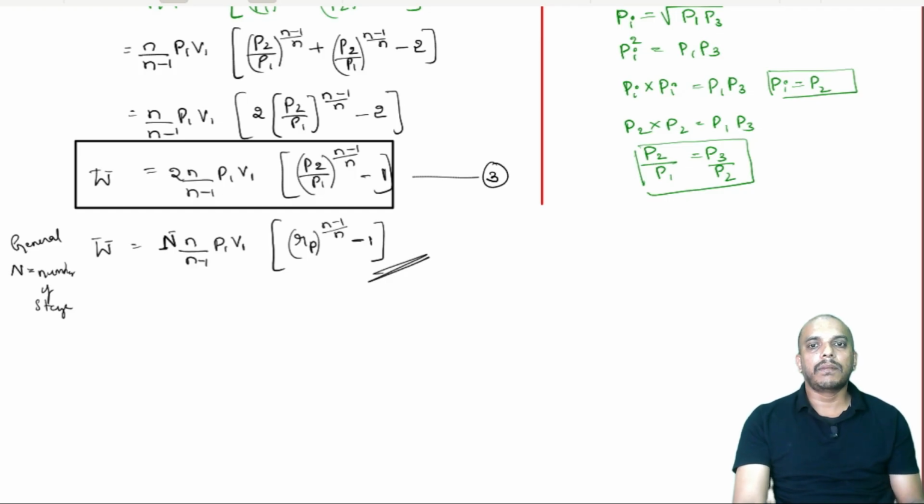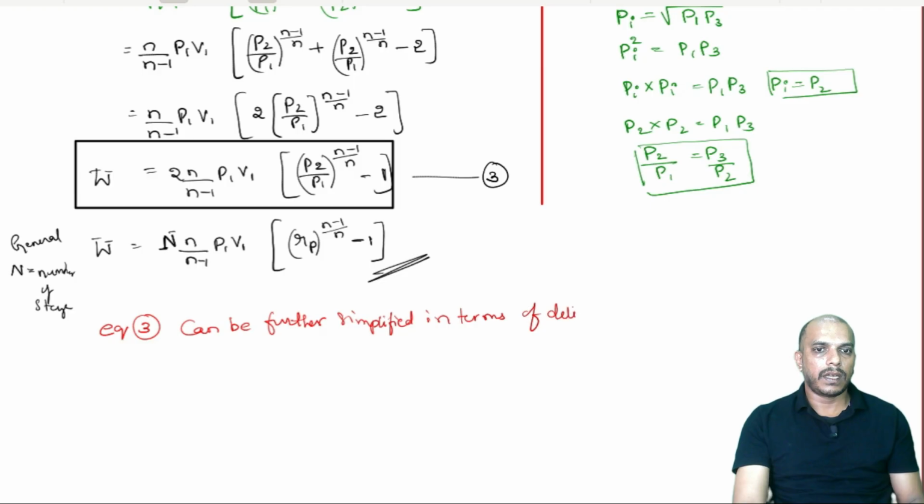Now, equation 3 can be further simplified in terms of delivery and suction pressure. Remember, the pressure there is the intermediate pressure P2.